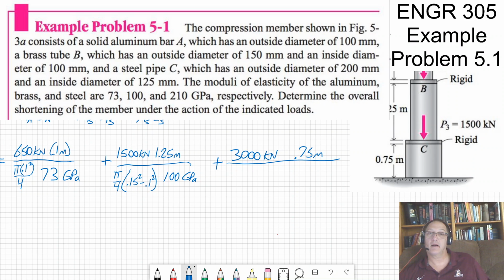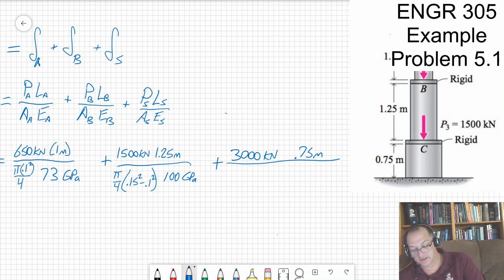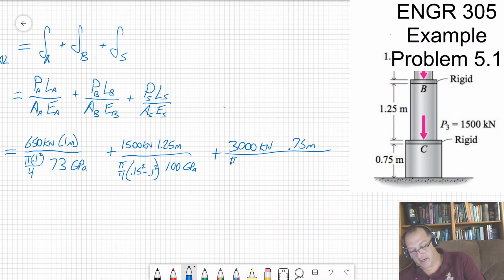I have to go back to the problem statement. This has an outside diameter of 200 and an inside diameter of 125. So this is pi over 4, 0.2 squared minus 0.125 squared.